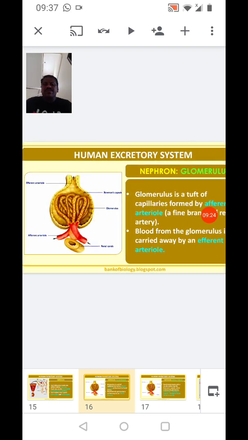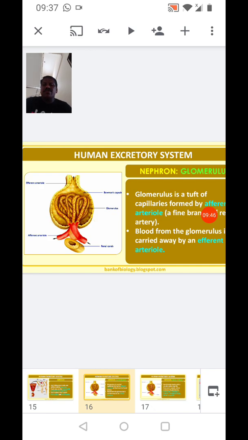The nephron contains two parts. One is the renal capsule or Bowman's capsule, and the second part is the renal tubule. The first one, the renal capsule, is composed of two parts. One is the glomerulus, the second one is the Bowman's capsule.